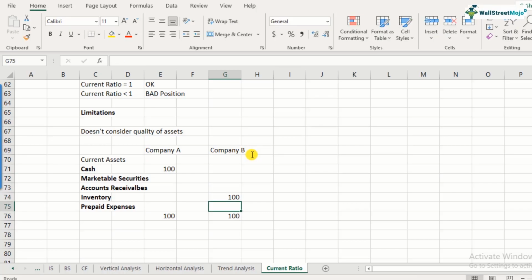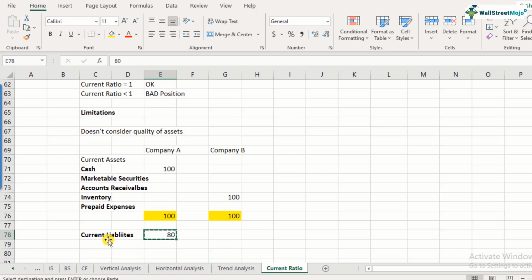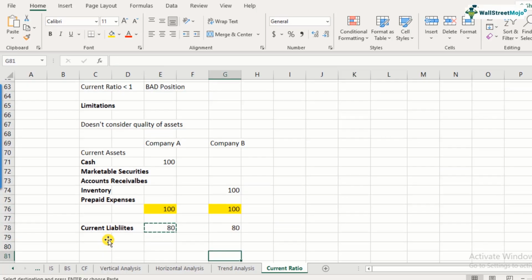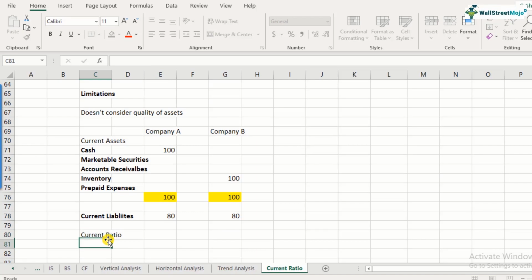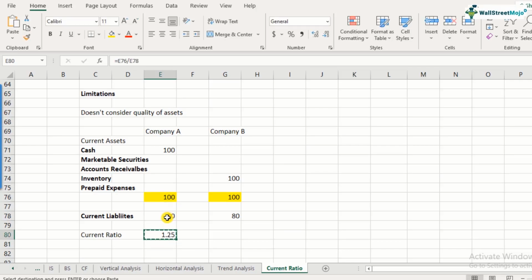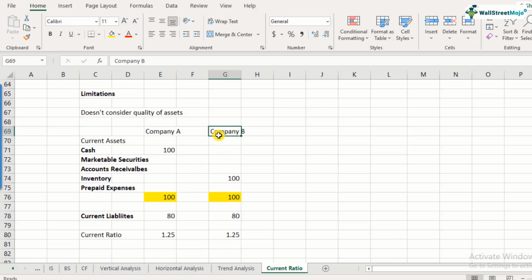So both companies have 100 as current assets. Let's imagine that current liabilities is 80, and I will assume that company B also has 80 as its current liability. So what will be its current ratio? As we calculated earlier for these numbers, this is 100 divided by 80, that is 1.25, for both the companies.